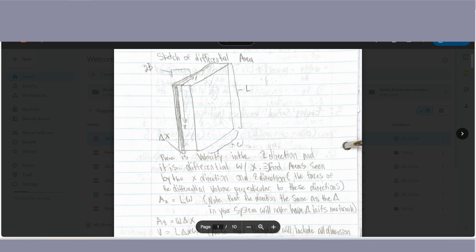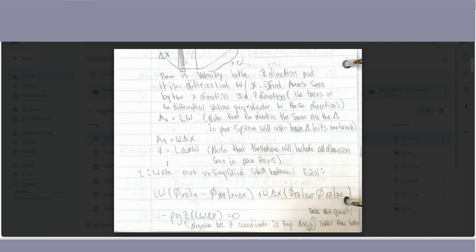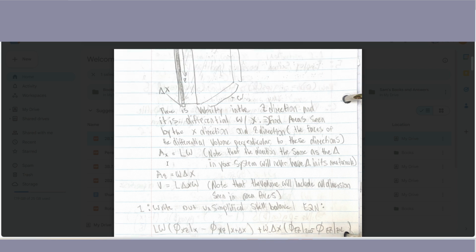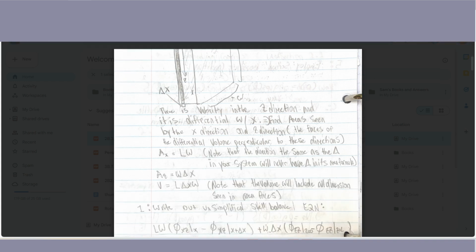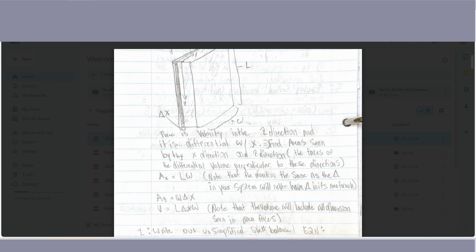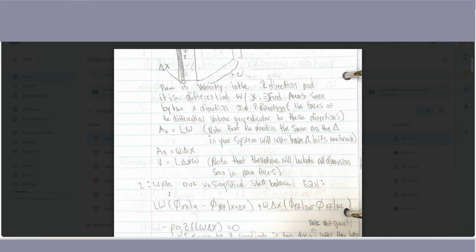Looking down from above, this is the face that you see, delta X W. And then we need the volume as well because there's a gravity force. Momentum fluxes and shear stresses are applied on a face, but gravity is applied on a volume.